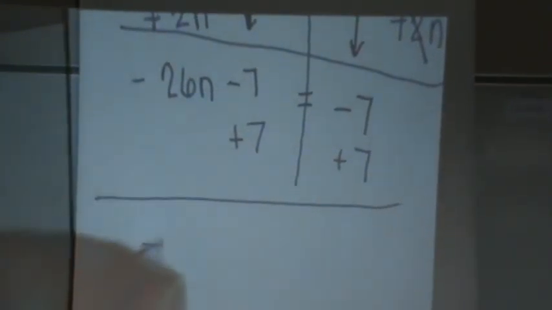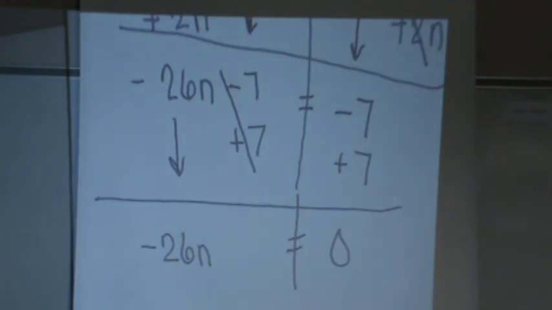Did I do anything with the negative 26n yet? So it comes straight down. What happens here? Cancels out. And what's negative 7 plus 7? Okay, I've got 2 easy problems in a row. Am I finished with the problem? Why?